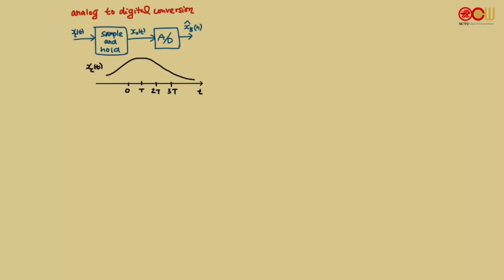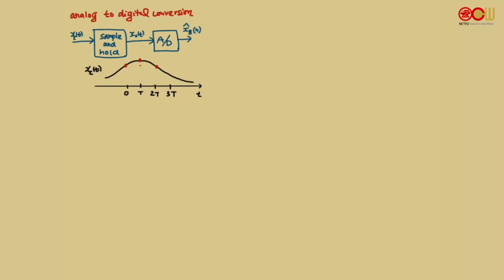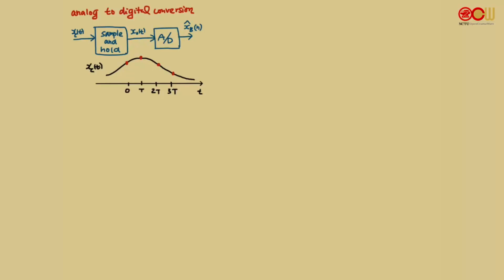Suppose this is xc(t), and this is 0, T, 2T, 3T. What the sample and hold does is to sample the value of xc, sample these values and hold it. So here's the output x0 of a sample and hold.